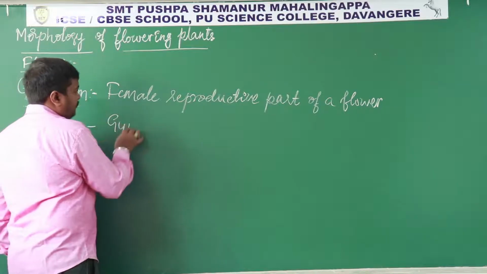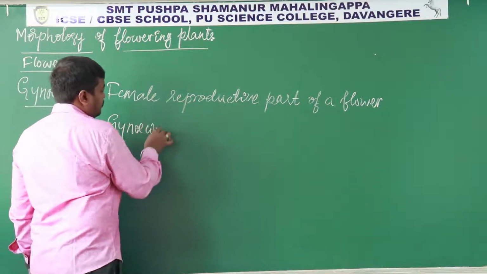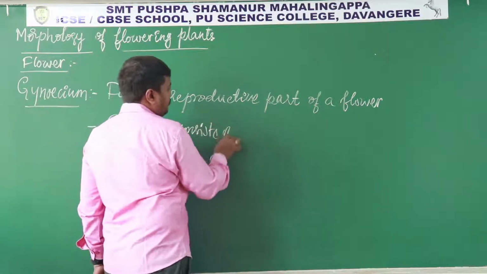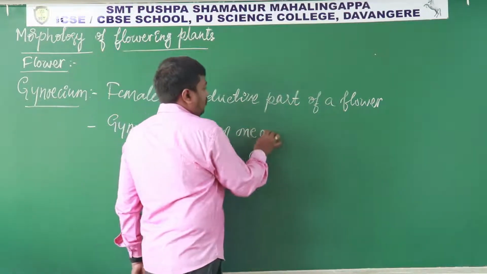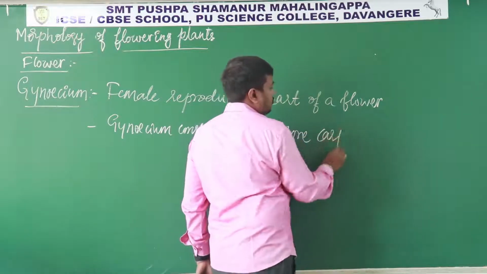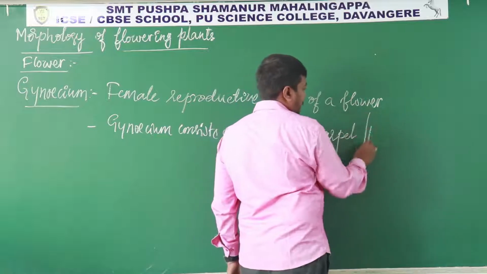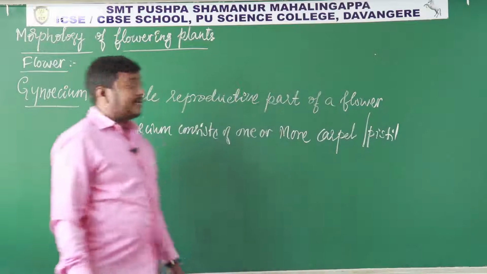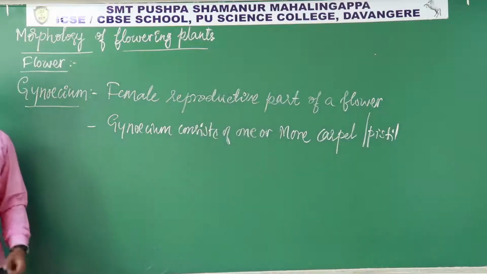The gynoecium consists of one or more carpels, also called pistils.